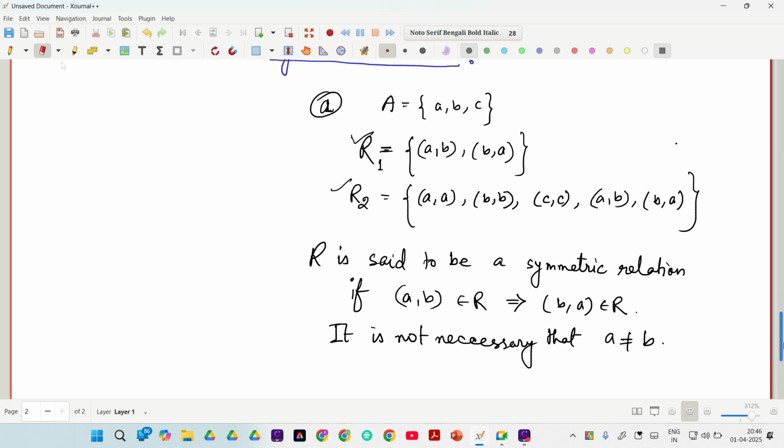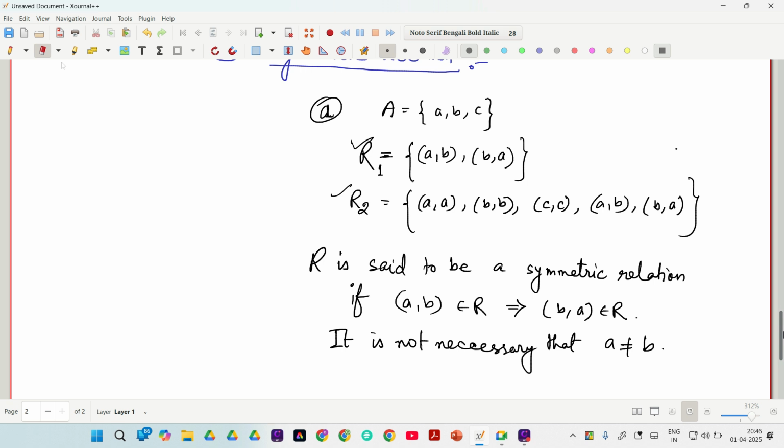Because A comma B and B comma A are already there. I am not asking about these two, because they follow from the definition. So it satisfies the condition.